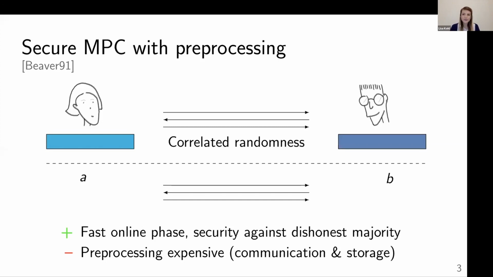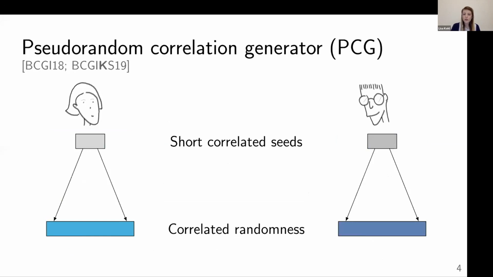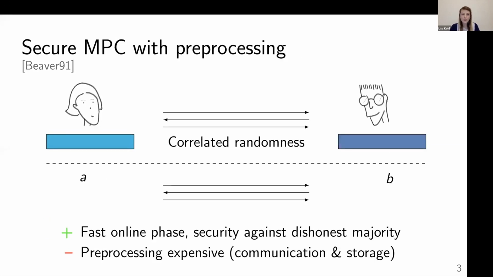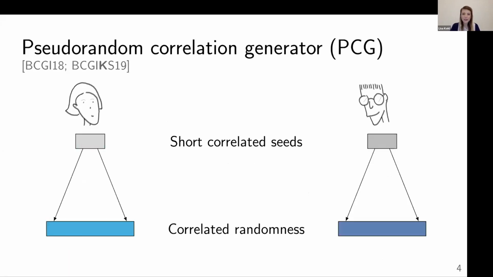And so in order to improve this, in order to get sublinearity for secure communication, the simplest thing we can do is use a pseudorandom generator. And so what we can use here in order to make it more efficient is a pseudorandom correlation generator.